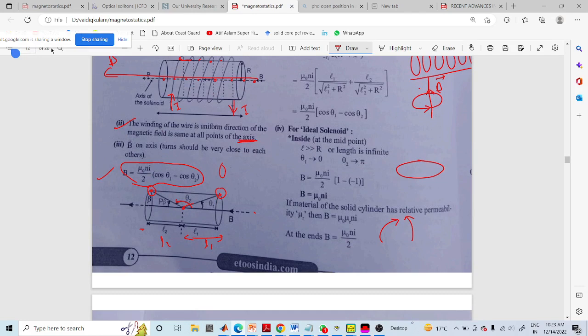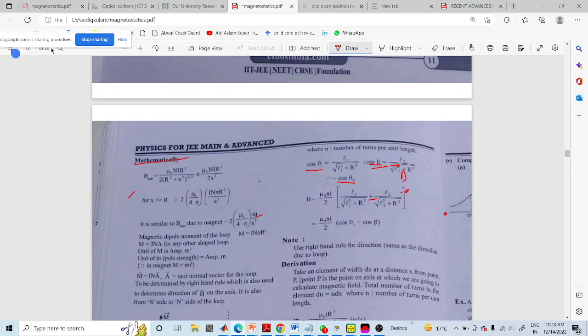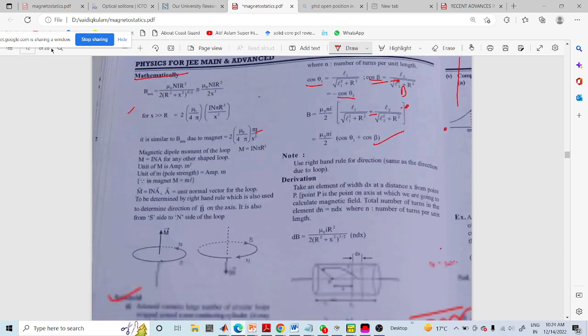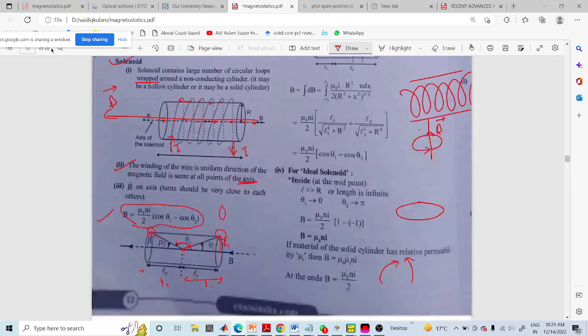This is beta, this is theta 1, this is L1, and this is R, so from here you can calculate cos theta 1, cos beta, and that is minus cos theta 2. So when you use this result in the last expression, you will find mu naught n i by 2 times cos theta 1 plus cos beta, the same result.